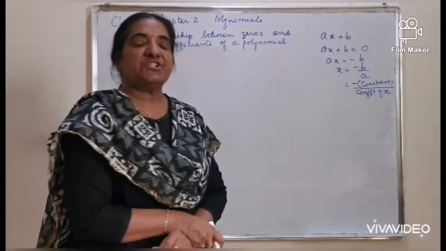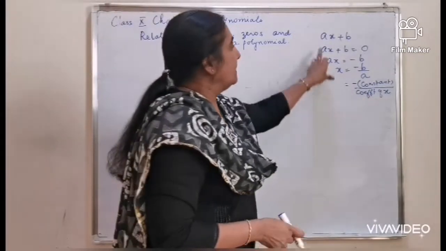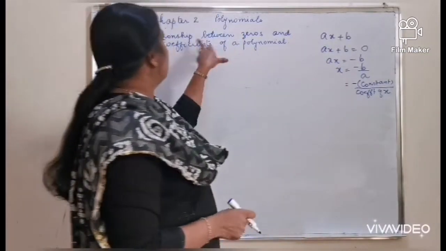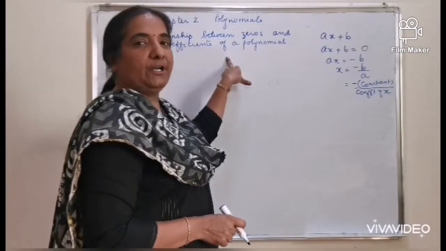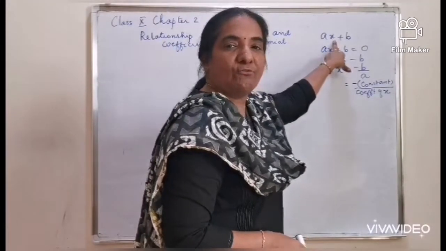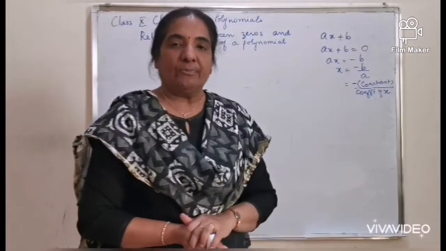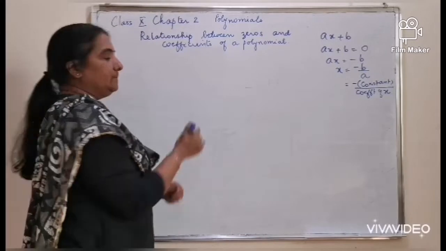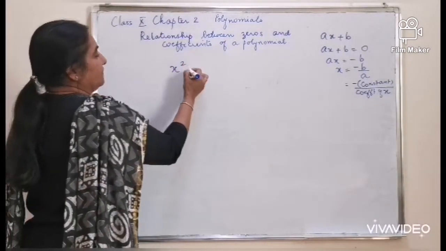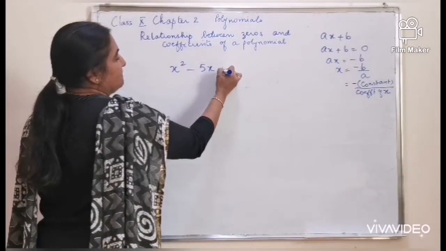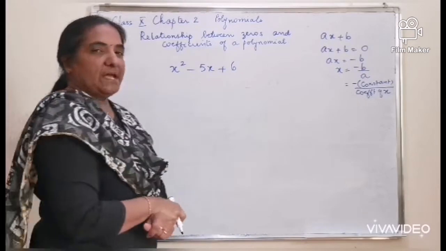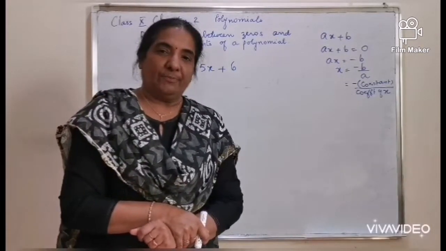That is the relation between the zero and the coefficient of a polynomial in the case of a linear polynomial. Consider x square minus 5x plus 6 as a quadratic polynomial.